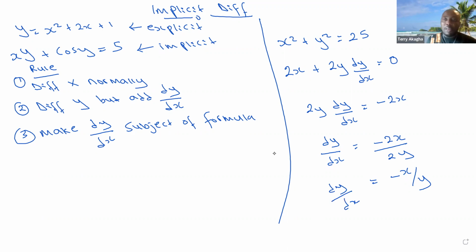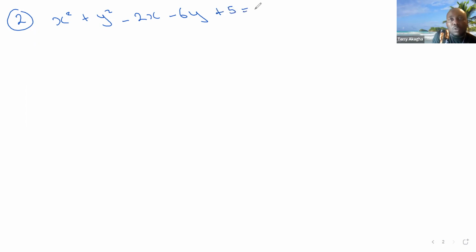Okay, let's take another example. I have number 2: x squared plus y squared minus 2x minus 6y plus 5 is equal to 0.